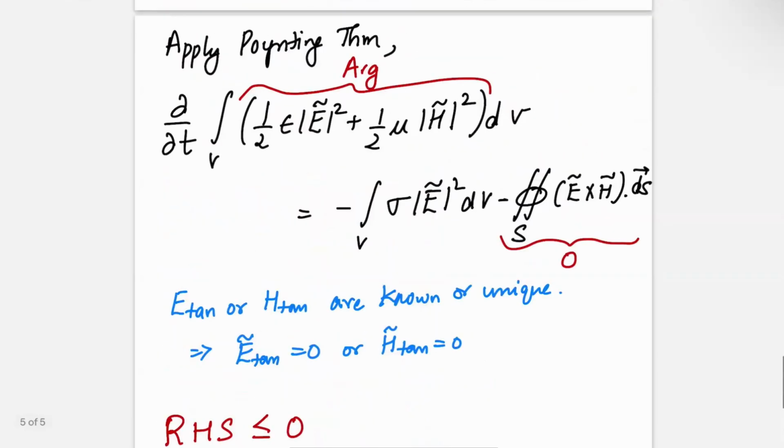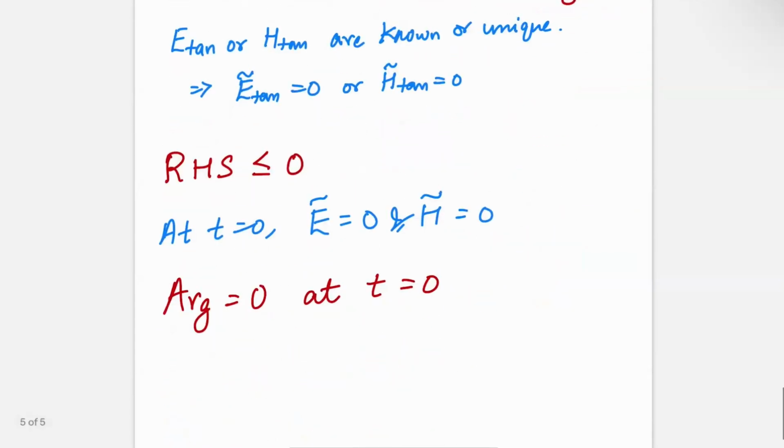If you also look at this, the argument is always greater than or equal to 0, because again you have the E tilde square and H tilde square. So the argument is always greater than or equal to 0 for t greater than or equal to 0.